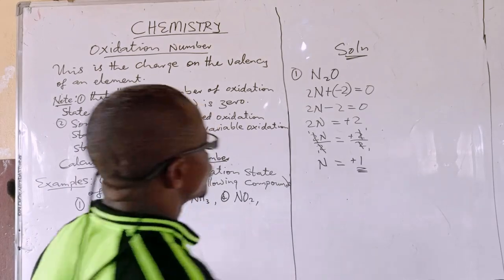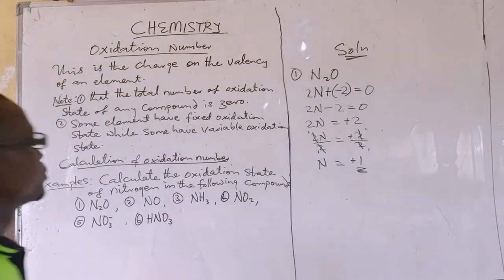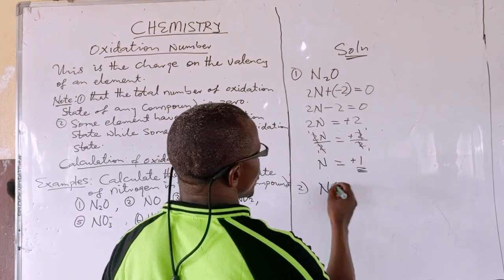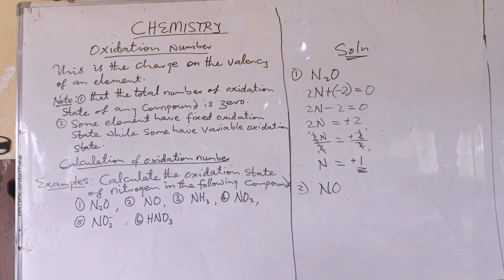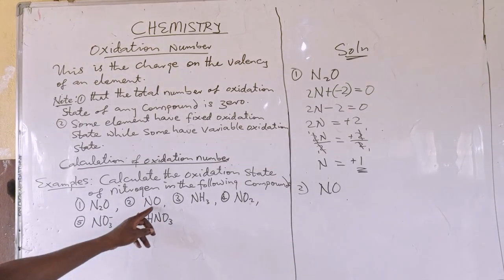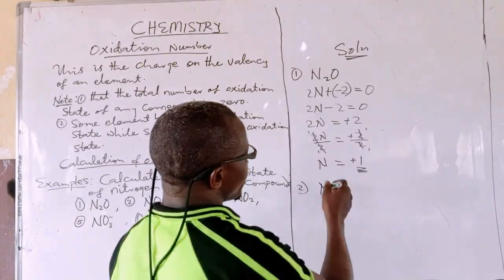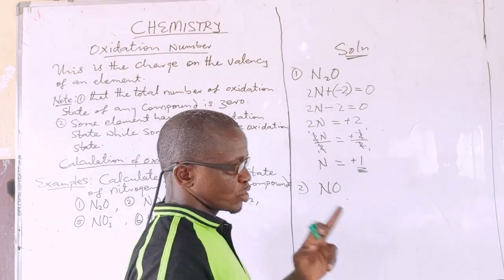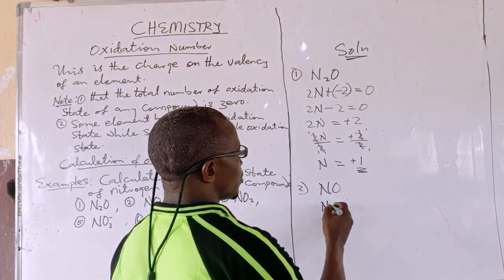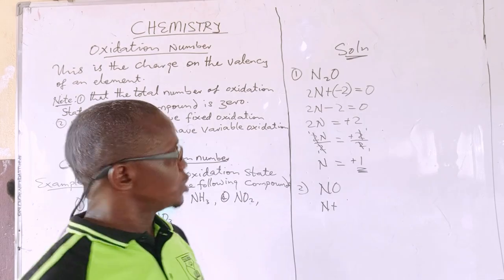Now let's go to the second one, number 2, NO. We are still calculating the oxidation number of nitrogen in NO. I don't know the oxidation number of nitrogen in this compound, so I will say N plus the oxidation state of oxygen in this compound.